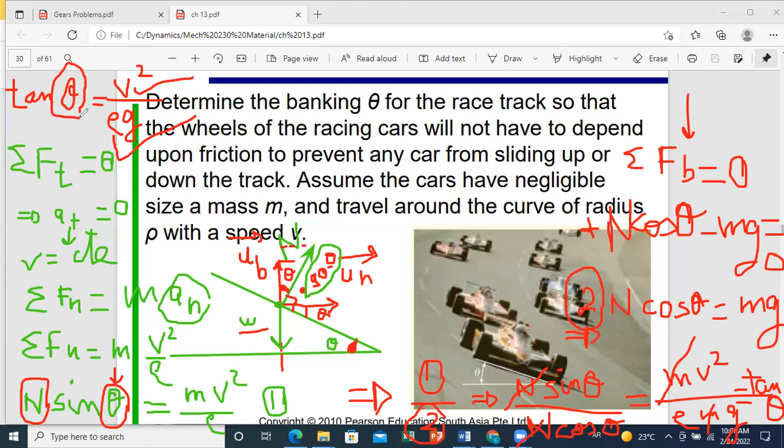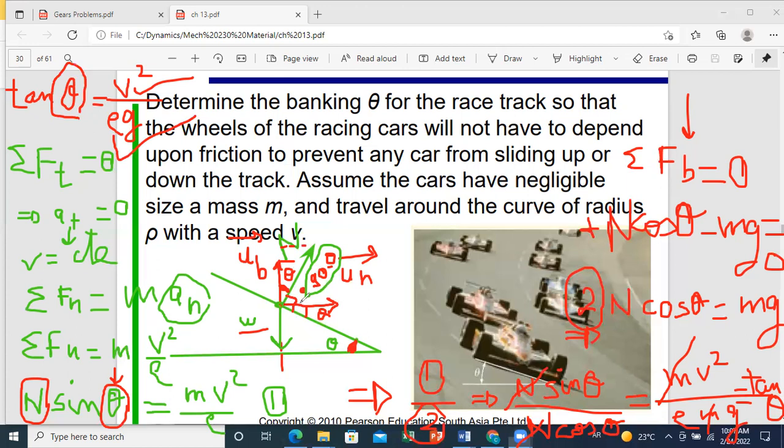Okay, any question on this problem? Regarding the sum of forces along UT: if you look at your free body diagram, you just have the normal and the weight, and both of these forces are within the vertical plane.